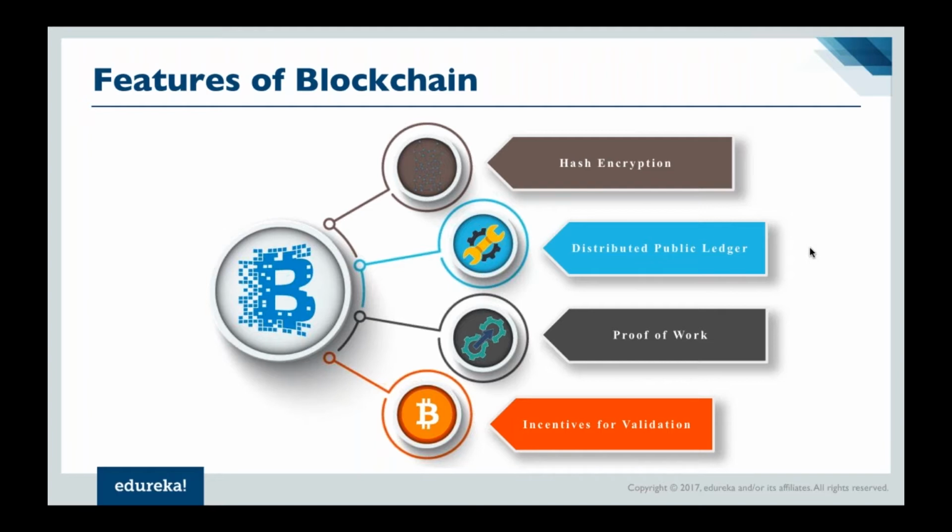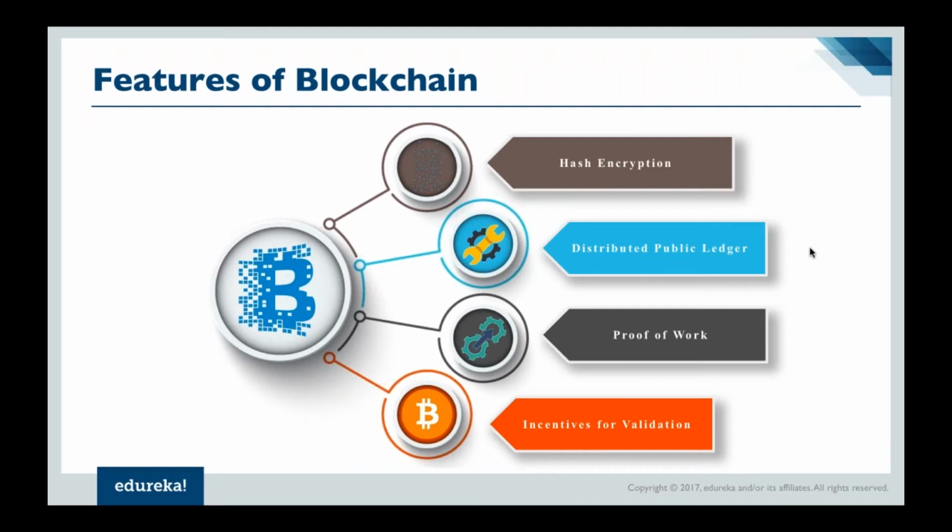And in order to run this network, as we said, there is a group of miners who are validating these transactions. What is the incentive for them to do that? Why are they doing it? There is a specific incentive, and when they create a new successful block, they get an incentive in terms of Bitcoin itself.